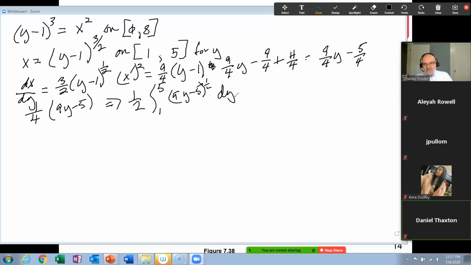Let u equal 9y minus 5. Du would then be 9 dy. And I think that may be the best way to do it. Let u, but this time it's not a function of x, it's a function of y, equal 9y minus 5.